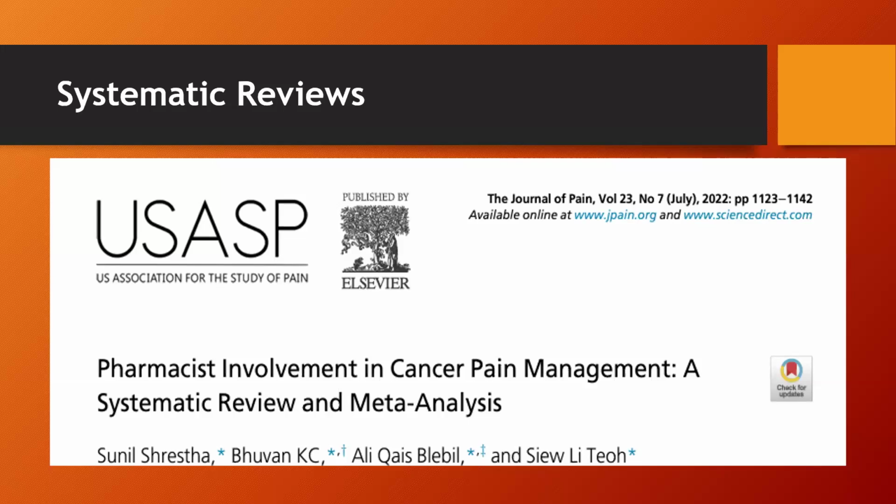Before starting a systematic review, you have to make a protocol and submit it to PROSPERO. Then you have to do the comprehensive literature search. You have to do a critical appraisal of those studies. You have to do the quantitative synthesis and the qualitative synthesis of those articles.